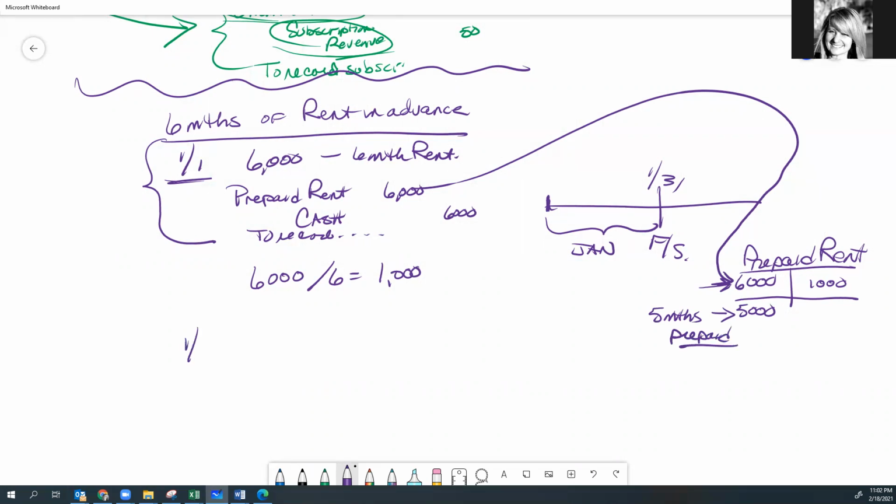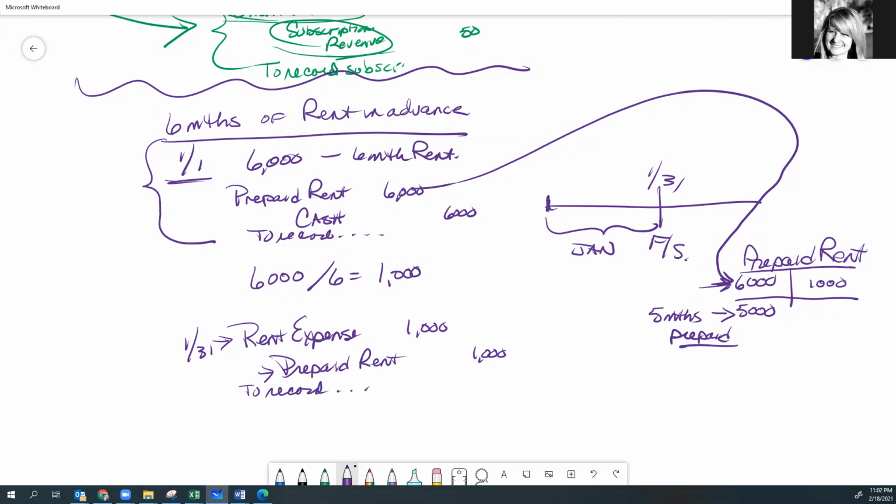So on 1/31, what we're going to do is recognize that we have rent expense for $1,000, and we are going to credit our prepaid rent, our asset, by $1,000, make it go down. So our rent expense increased and our asset decreased to record January rent.